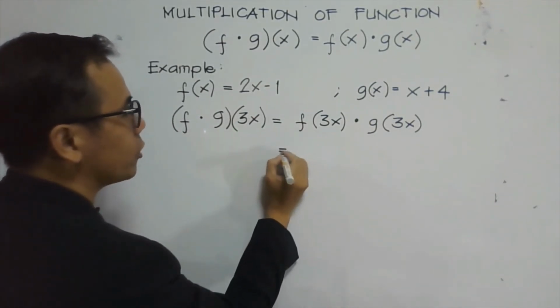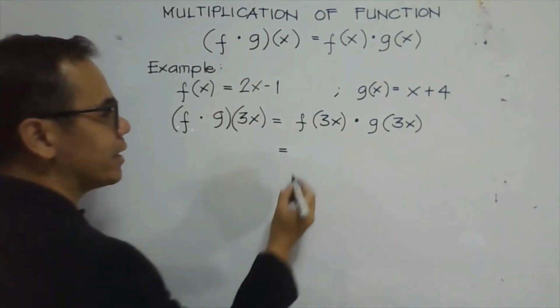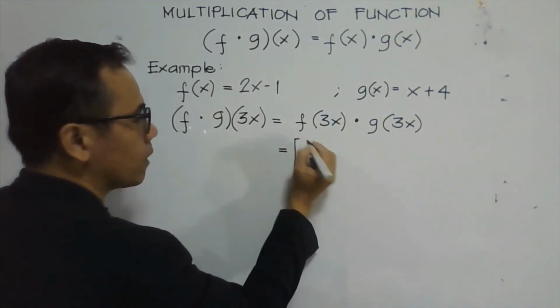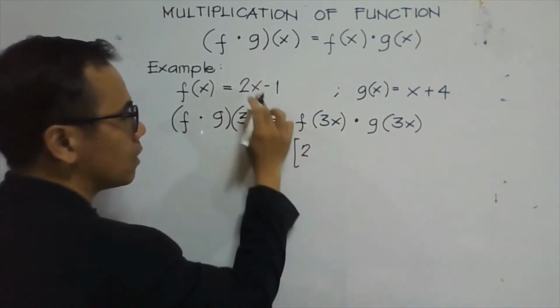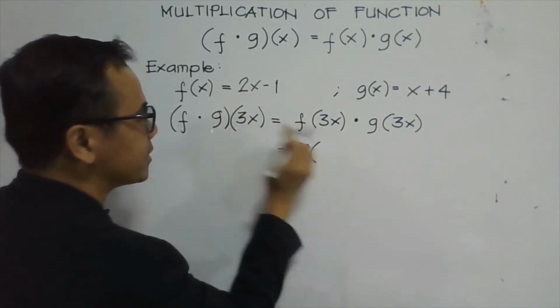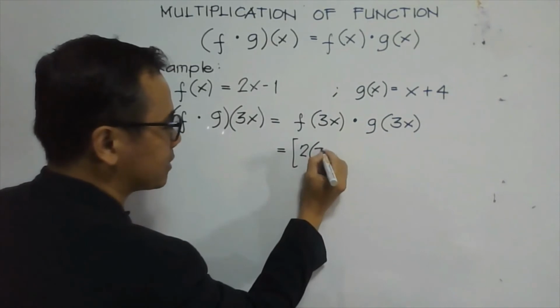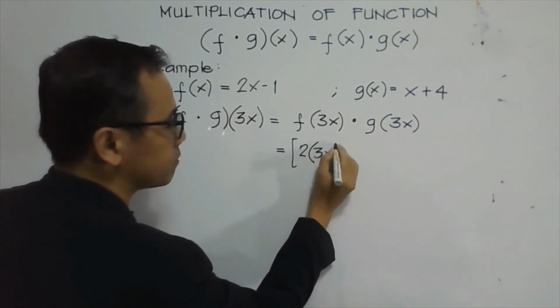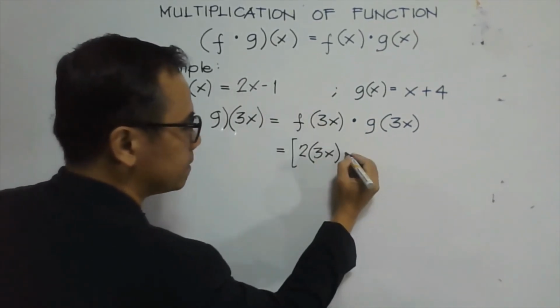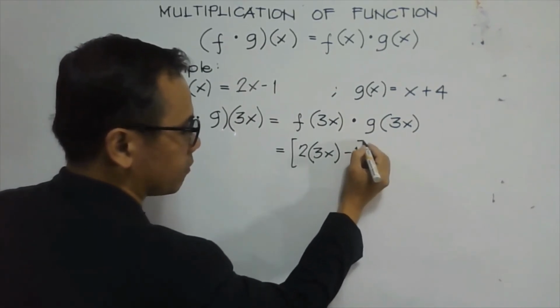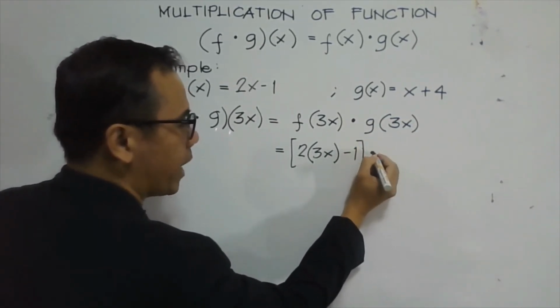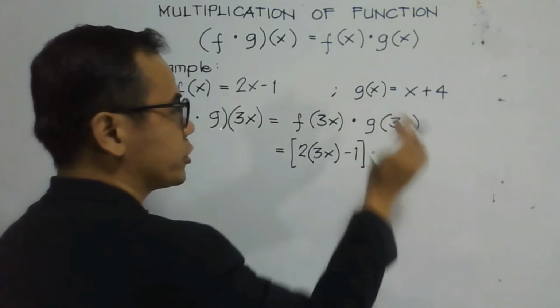So, starting with f of x, that is now equal to 2 multiplied by, instead of writing x, we replace it with 3x, minus 1, multiplied by the function of g.